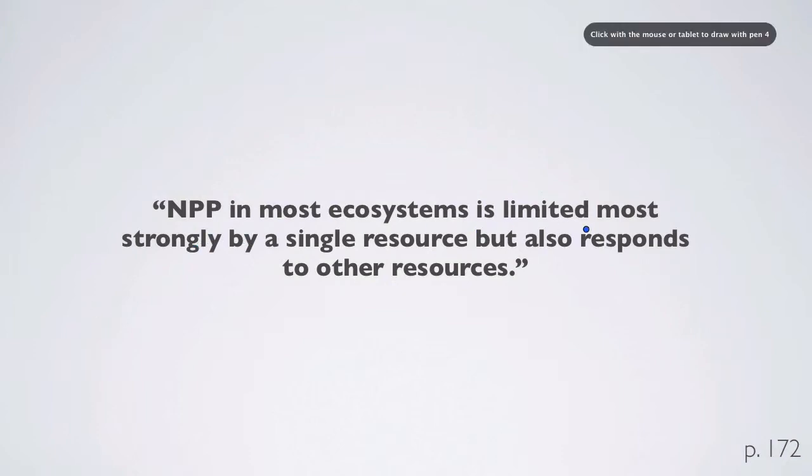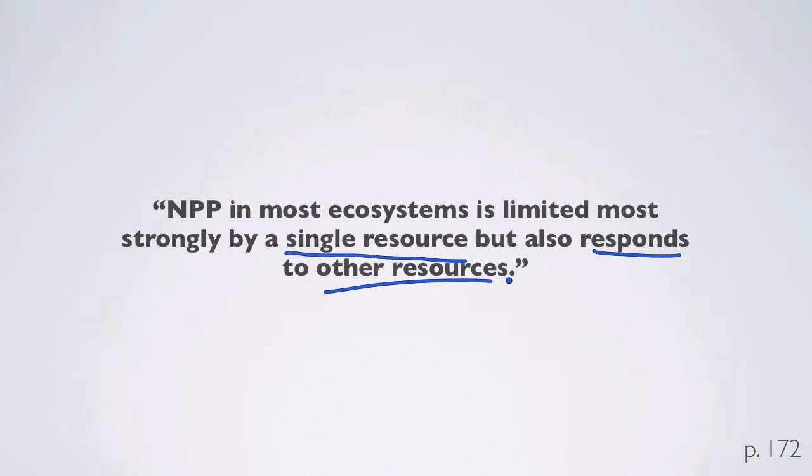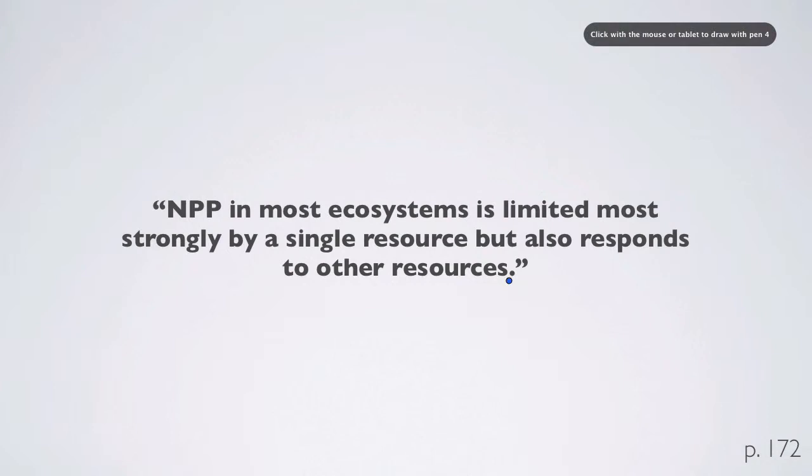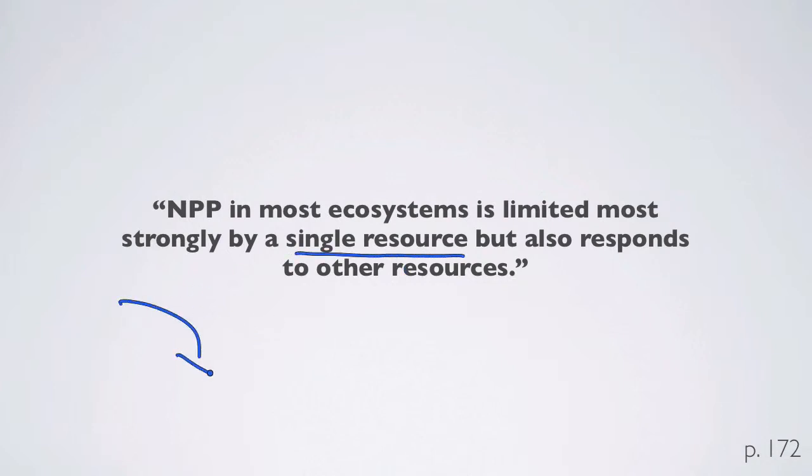NPP in most ecosystems is limited most strongly by a single resource, but also responds to other resources. And the ideas of limitation are relatively complex. So the simplest way to think about it is that most ecosystems might just be limited by one resource, but we can add other resources that might increase the availability of the first resource.